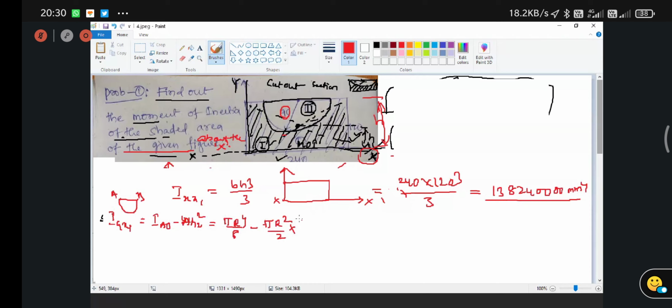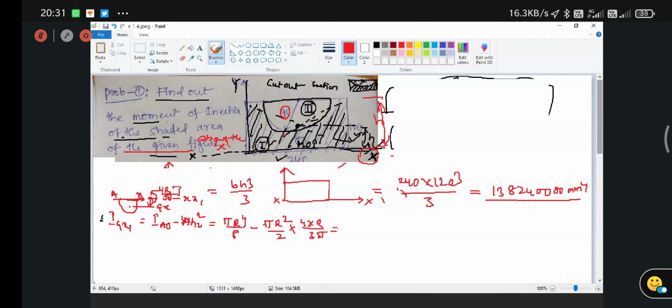H2 is nothing but, see here, from the base axis first of all, from its own base, if it is the centroid, this is the GX axis. So from here to here the centroid is located at 4r by 3 pi.